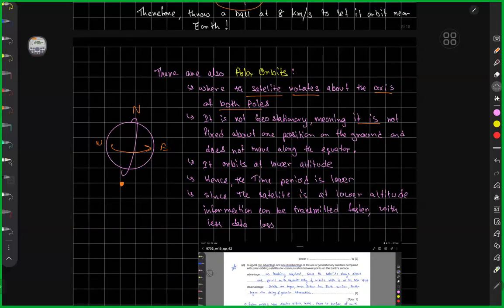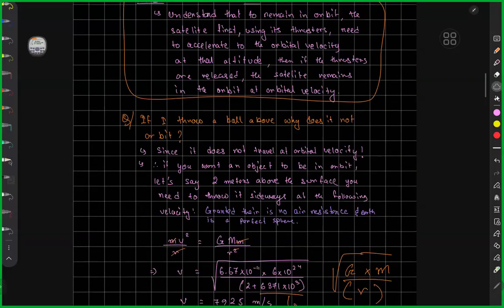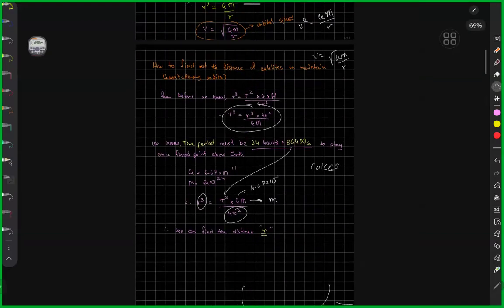That's a polar orbit. And one of the key attributes of polar orbit is it can travel in low altitude. Why is that the case? Do we remember Kepler's law and how we found out the distance at which geostationary orbit should fly?